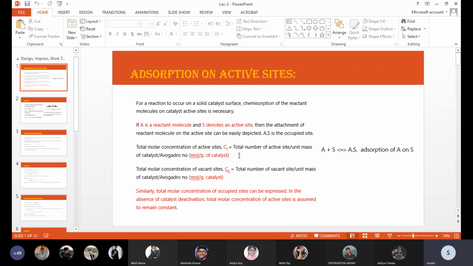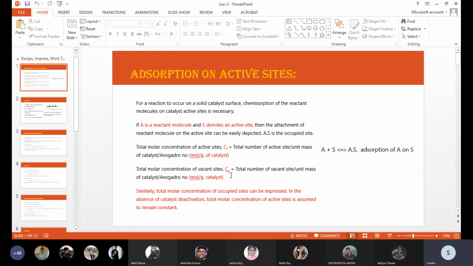Concentration we express in terms of mole per gram or mole per cc. Here, as it is a solid catalyst, we express it per gram. CT is mole per gram of catalyst. Total molar concentration of vacant sites is CV.